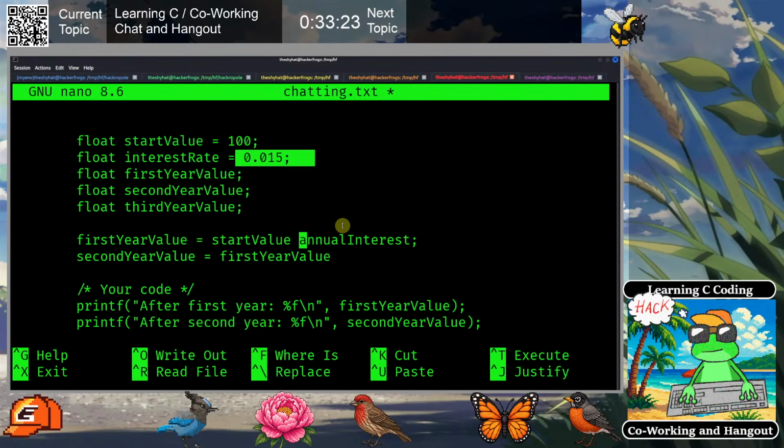So how do we multiply by this? So do we just do 1 plus interest rate? 1 plus interest rate times start value?